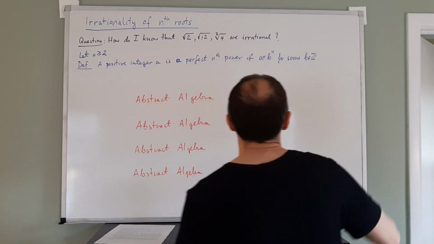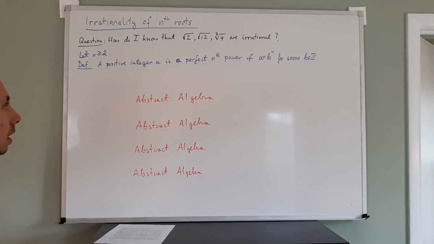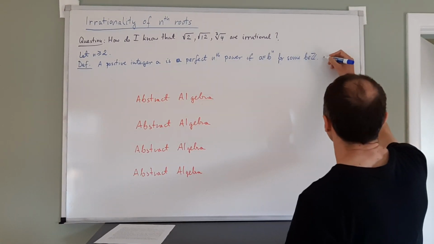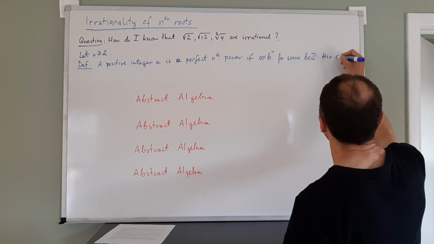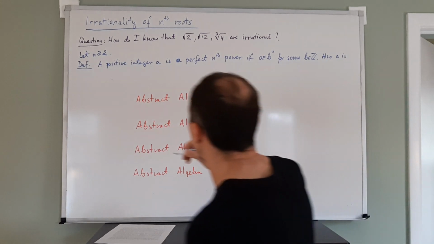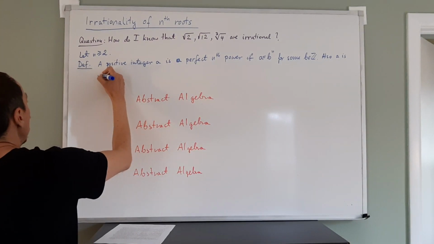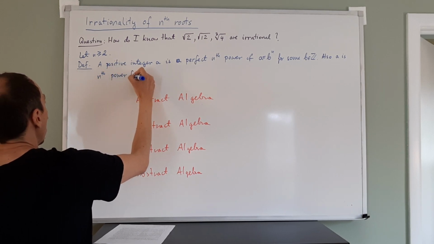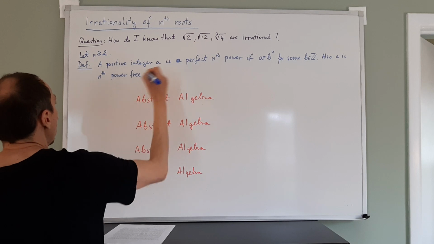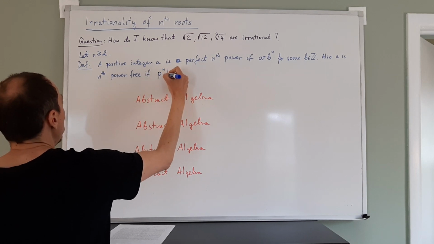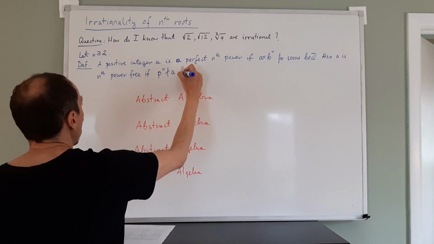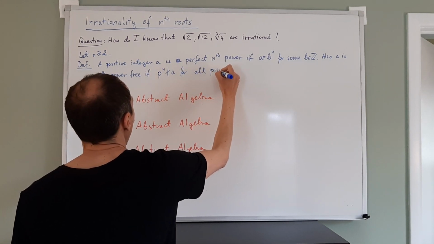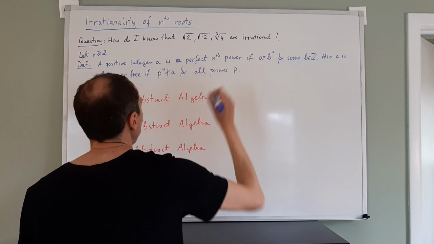For some integer b, and also A is called nth power free if p to the n does not divide A for all primes p.